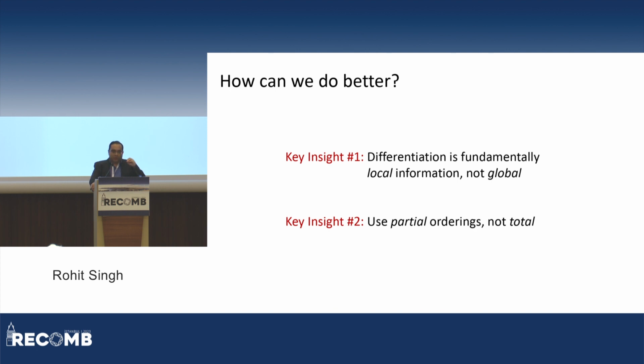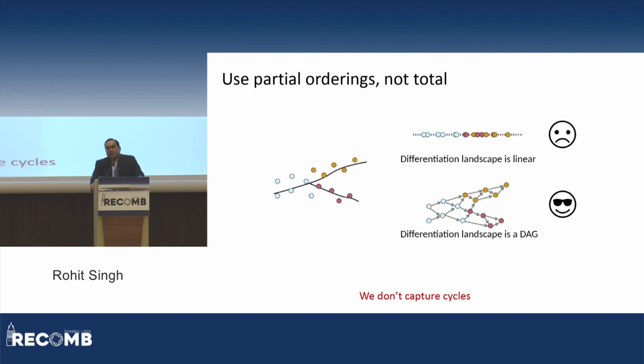And you need to be able to work with those local informations. And the way we do that is by going away from total orderings, which are very restrictive, to thinking in terms of partial orderings. So in particular, instead of trying to model the dynamics as a single linear time axis, we think of a directed acyclic graph.